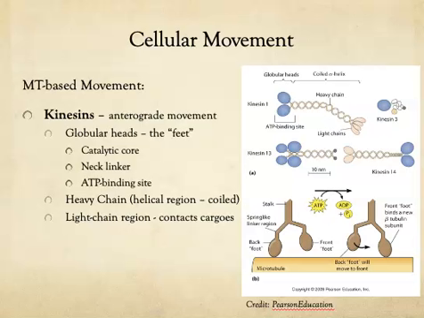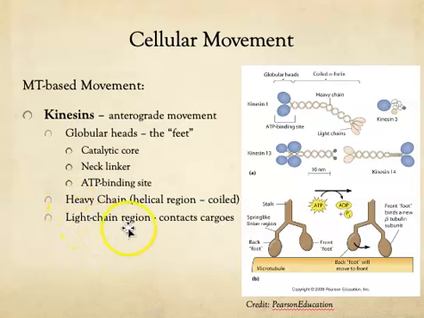They have what's referred to as a neck linker region. And importantly, they have an ATP binding site. So those structures within the globular heads, within what I'm calling the feet, are going to be important to our understanding of how this protein moves.